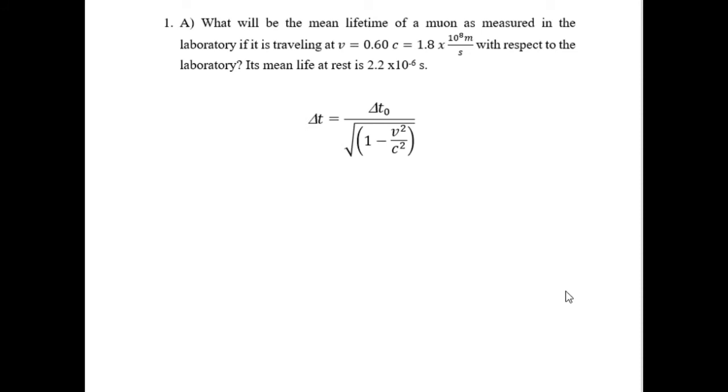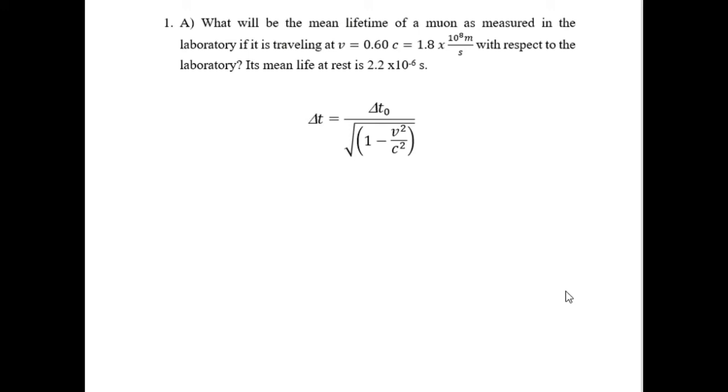The first one: what will be the mean lifetime of a muon as measured in the laboratory if it is traveling at a velocity of 0.6 c, which is also equivalent to 1.8 times 10 to the positive 8 meters per second with respect to the laboratory?